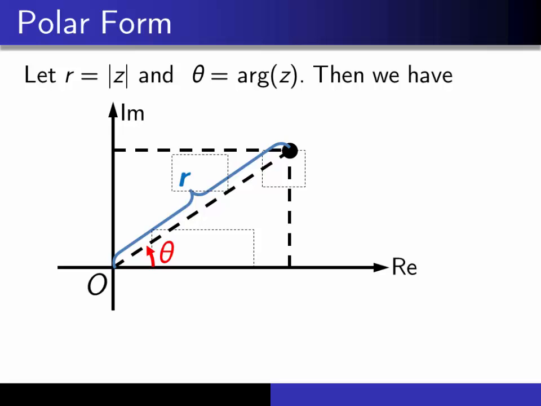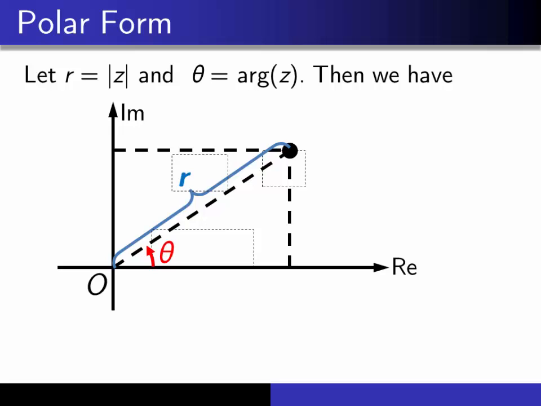Previously you learned the Cartesian form, right? Now that you have learned modulus and argument, I'm going to introduce you to a second form called the polar form. You look at this diagram, you have the modulus and the argument of a complex number. The point of course represents the complex number itself.